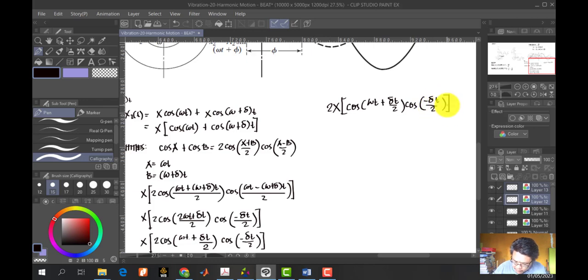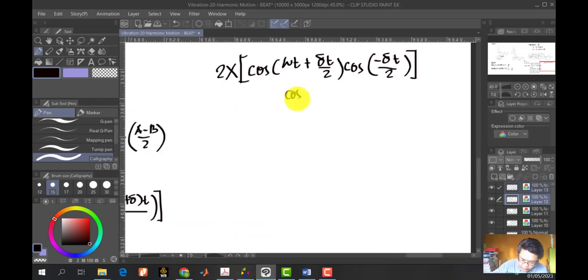And we have the identity that cosine of negative theta is equal to cosine of theta.